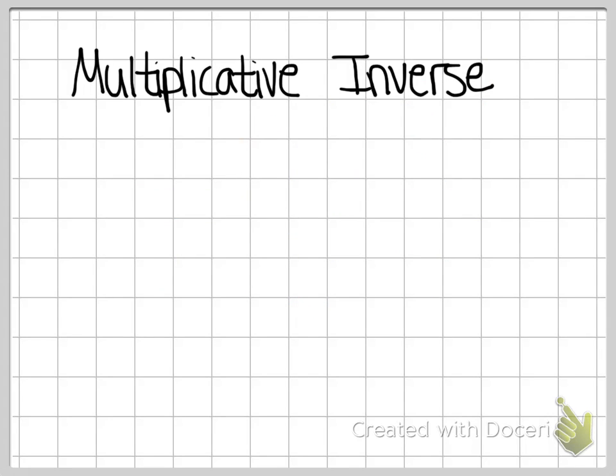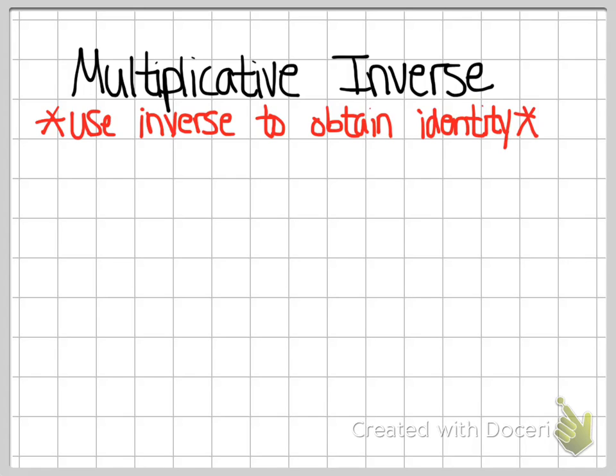And also, just like addition, multiplication has an inverse property as well. And we still use the inverse to obtain the identity. And it varies with every number, especially in the rational numbers.